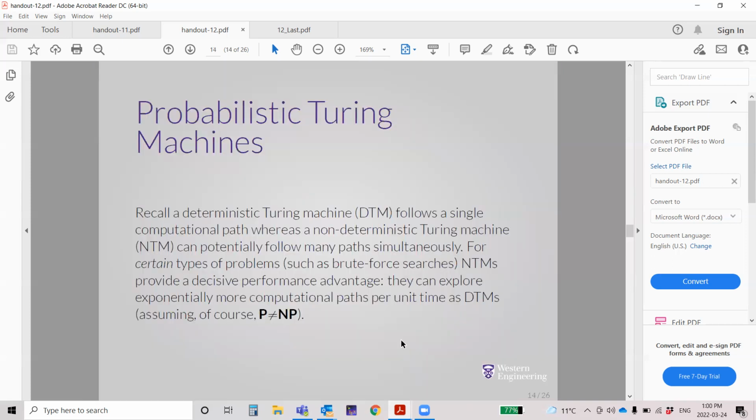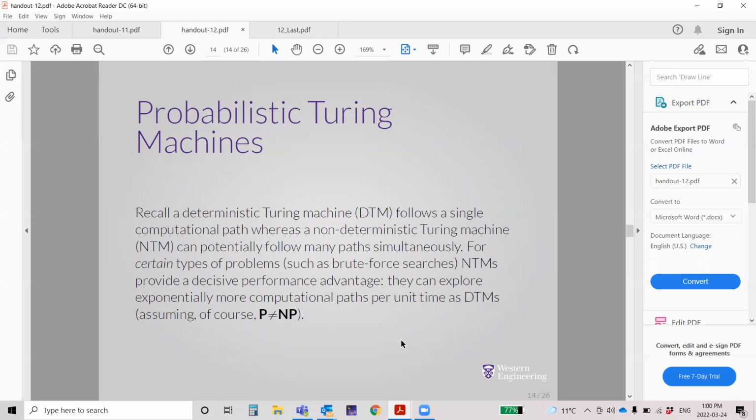Also, we have probabilistic algorithms, or probabilistic Turing machines. A deterministic Turing machine, DTM, follows a single computational path, whereas a non-deterministic Turing machine, NTM, can potentially follow many paths simultaneously for certain types of problems, such as brute force search. So non-deterministic Turing machines provide a decisive performance advantage.